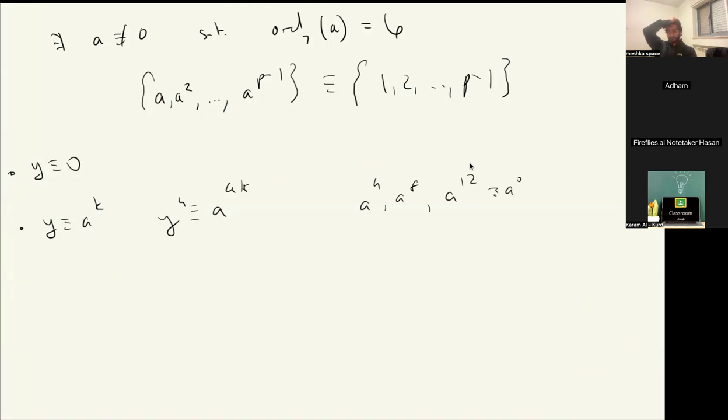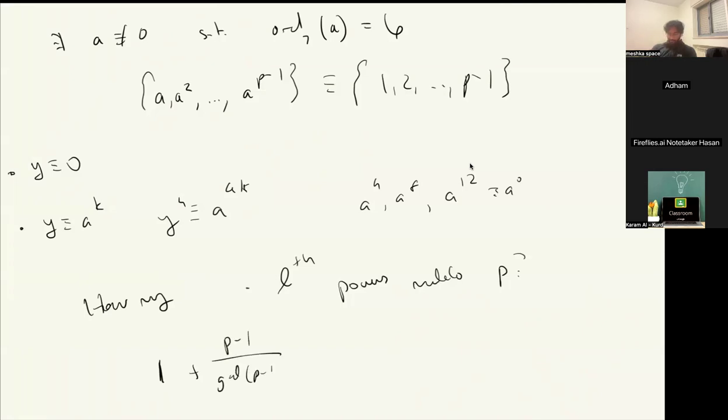Yes. Yeah, okay. So what I'm saying is, if you want to understand what the L-th powers are modulo p, the point is that there will be 1 from 0, and then the rest is going to be p minus 1 divided by GCD of p minus 1 and L, which is the number of L-th powers.